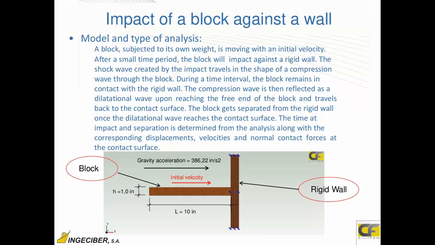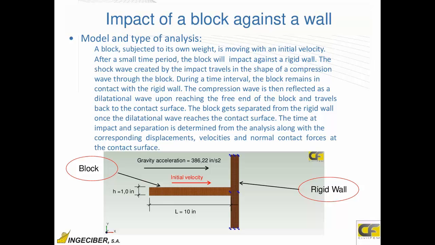As you can see, the block is going to fall and is subjected to the weight, so it is subjected to the acceleration of gravity, and it is going to fall until it reaches and impacts the rigid wall.